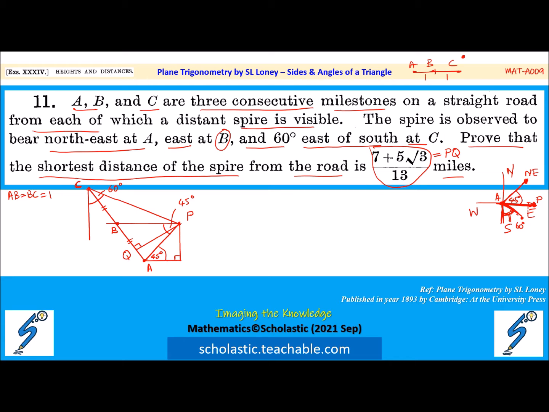So let's see some angles that are unknown and try to link this question. And one more thing, we can extend this line up to here. And this is a right angle triangle. This angle is 60, therefore this angle is 30 degrees, correct? Because in the right angle triangle, 60 plus 30 is 90.